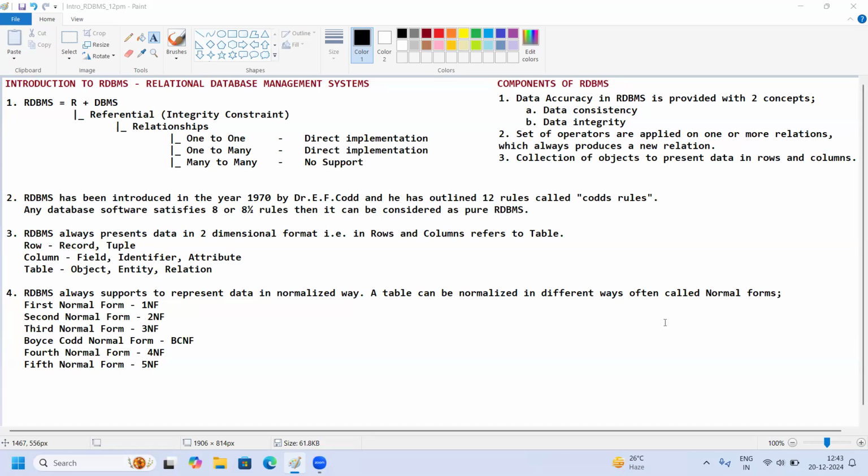There is 100% support of data consistency. But for that, you should have knowledge of something called reflexive relationship. If you have an idea on that, if you have practical knowledge on that, 100% you can justify that even on a single table you can have data consistency. I'll show you. We'll learn this topic.